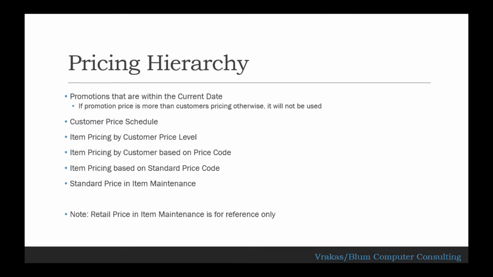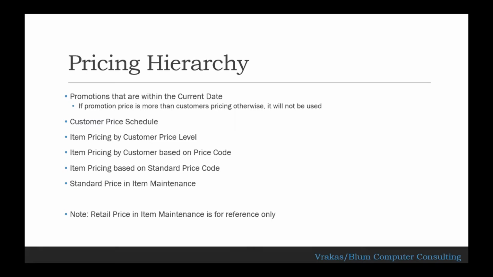The next level under that, item pricing by customer based on our price code. And again, I'm going to go over all of these in detail on individual slides, so it'll explain a little more. But we've got a price code applied to the item. And we've got a customer who has a price level. And in the item, we've got all of that set up to say, this is the price, okay?